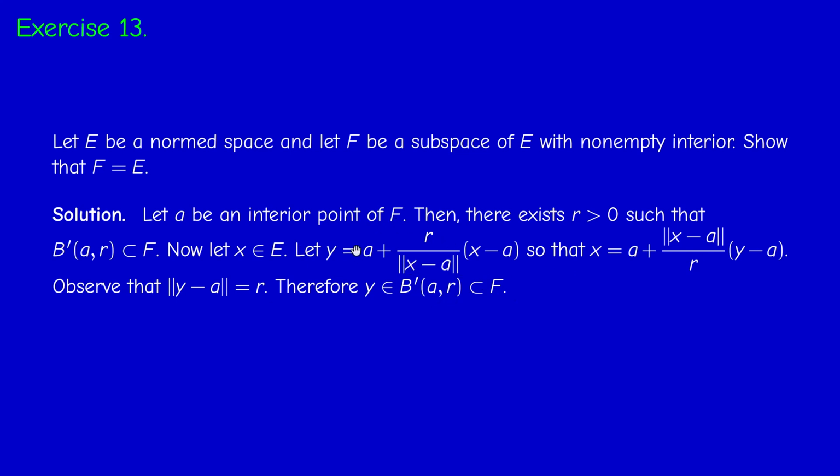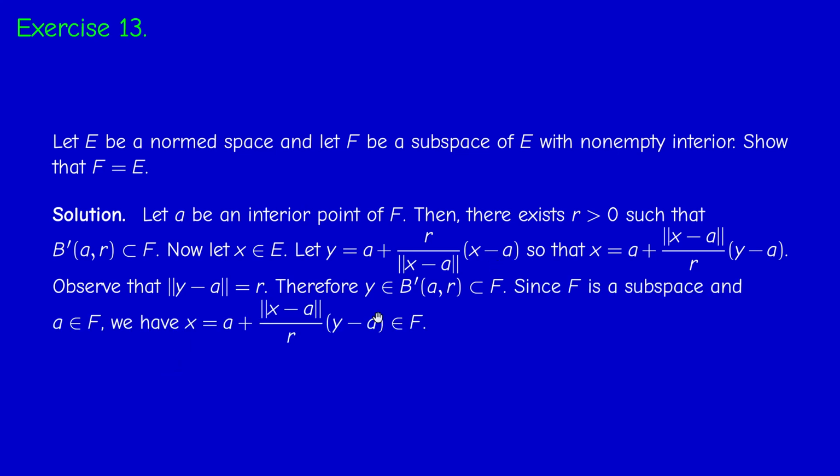And if you look now at the expression of y, what do you have? Excuse me, I have to look at this. a is in F, y is in F, and a is in F. So y minus a is in F because F is a subspace, stable under addition and subtraction.